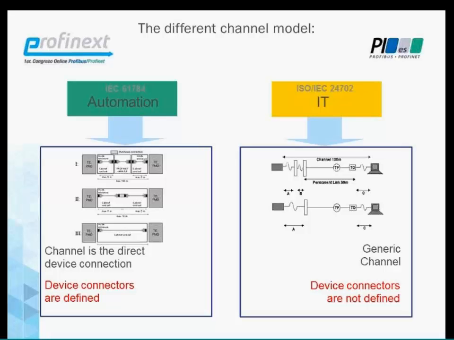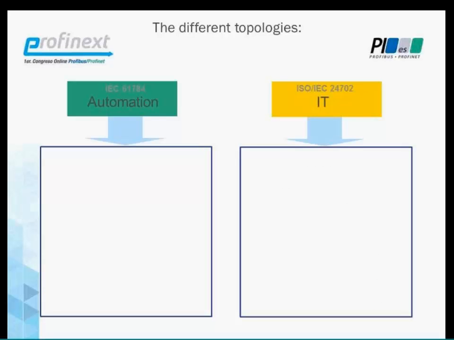And if you count these connectors in the IT model, this is a connectionless channel with two connectors. And for automation, of course, you have to count these two connectors. It's a connection with two connectors. So the different topologies we face there for IT and for automation.